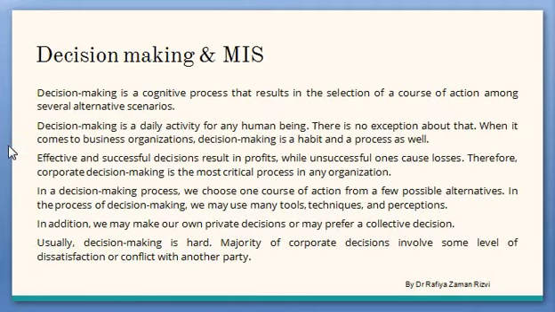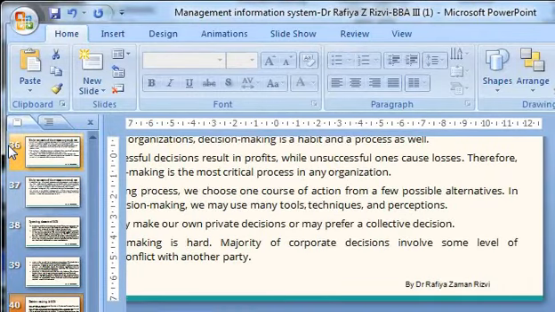These decisions, for example, launching a new product, when once we have launched the product, there is no taking it back. Okay, if we try to take the product back, it causes the organization to suffer a huge loss. Okay, then in a decision making process we choose one course of action.